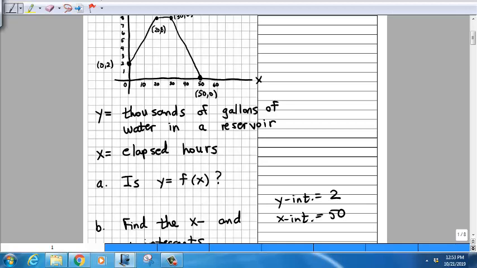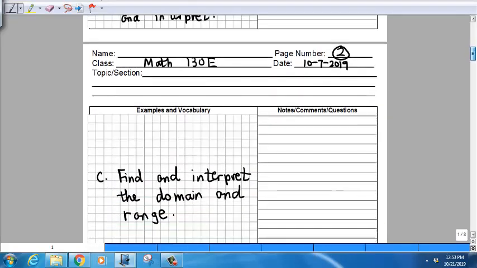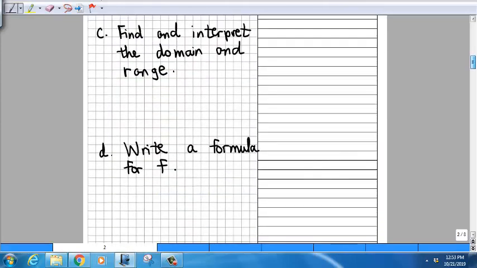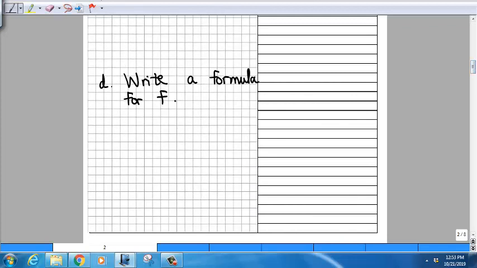All right, those are very basic questions. Now let's get to the tricky question. We want to take that graph and convert it to a formula.